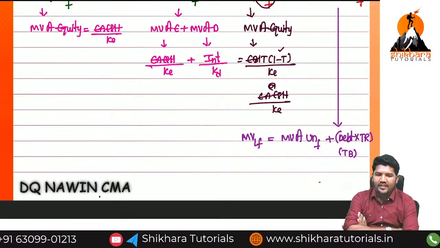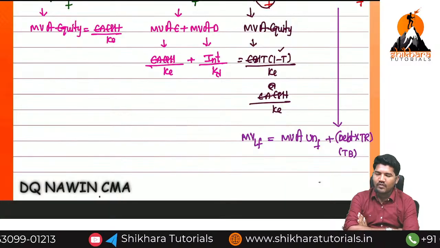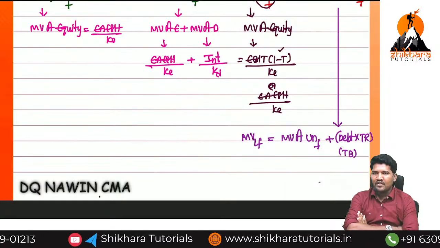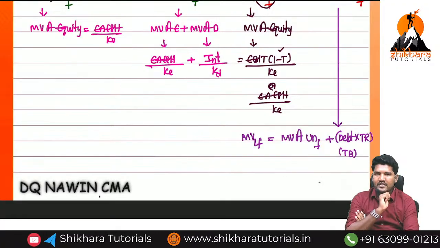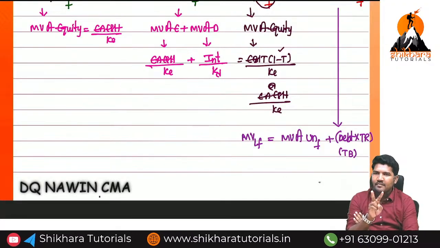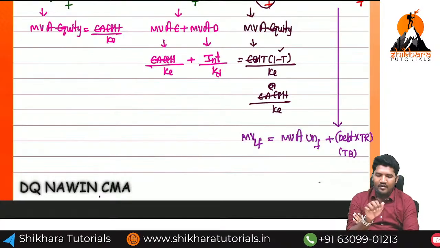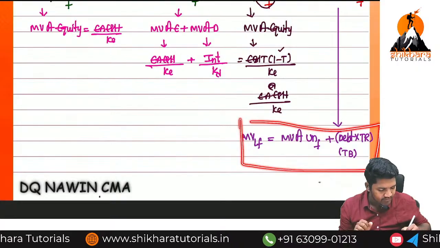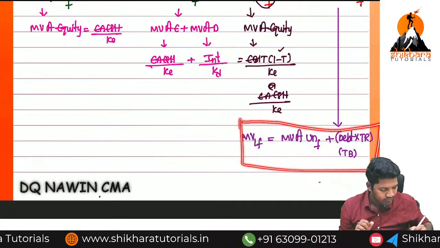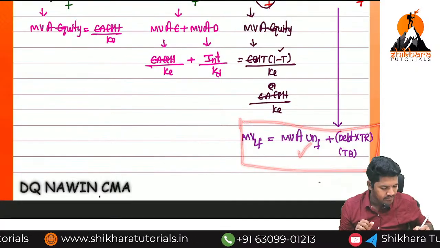Generally, what concept do we use for levered firm? Levered means equity plus debt. So how do you find firm value? Market value of equity plus market value of debt. Yes or no? But you can observe here what calculation they have given: market value of unlevered firm plus debt into tax rate.